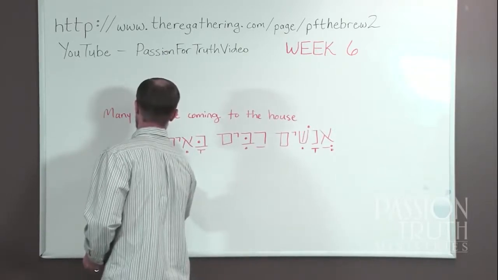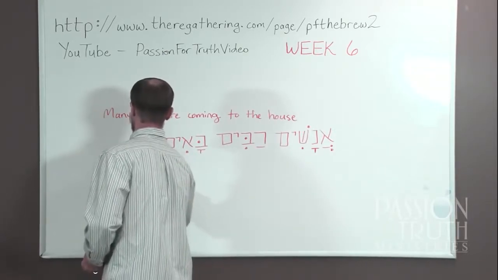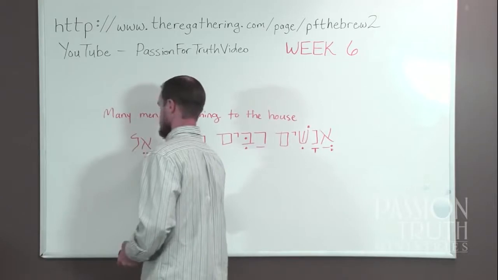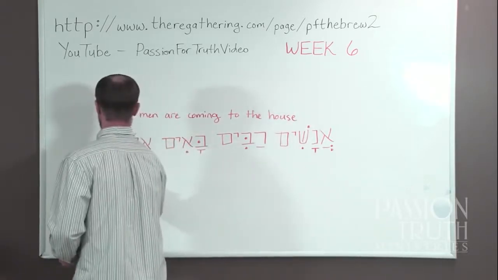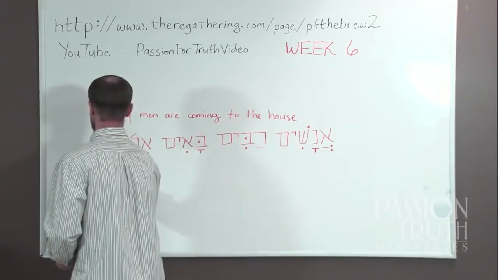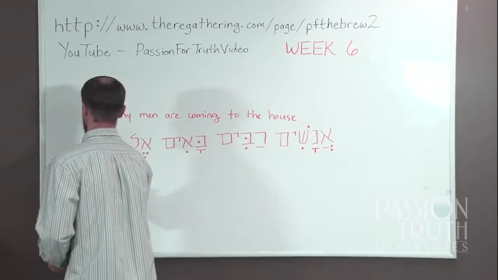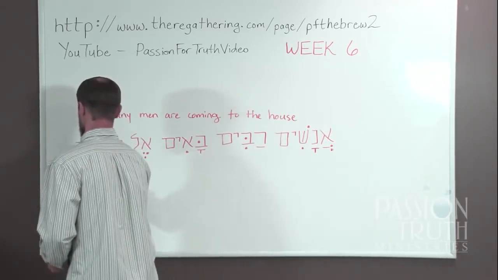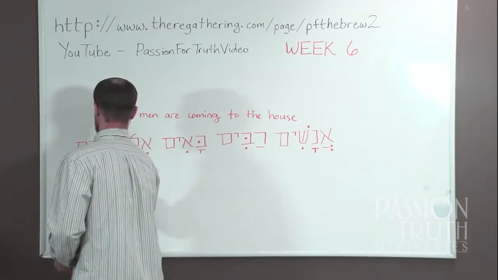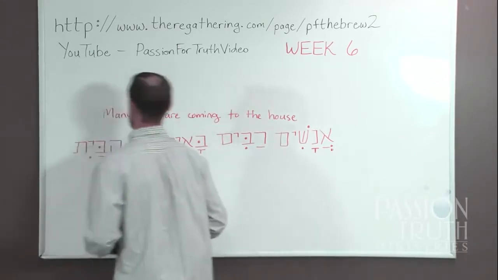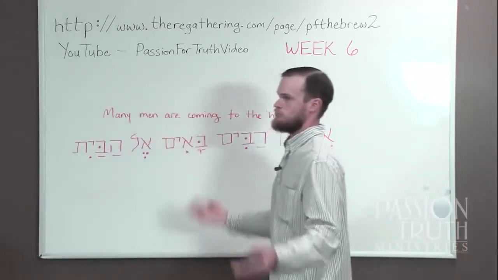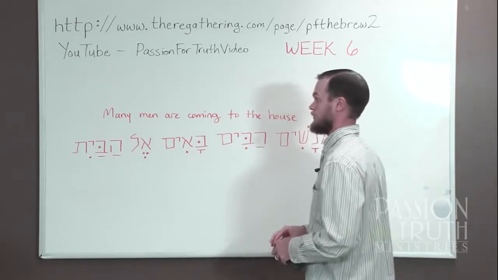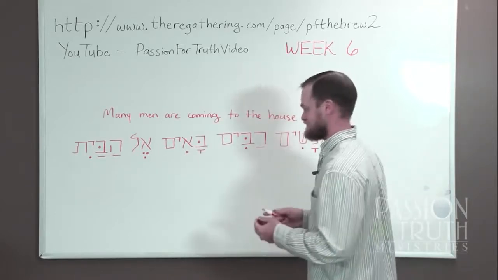Many men are coming to El Habayit. They're only coming to one house, so Bayit will be in the singular. But yes, if they were coming to a collection of houses, they'd be coming to Habatim.